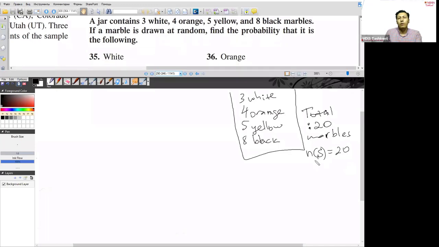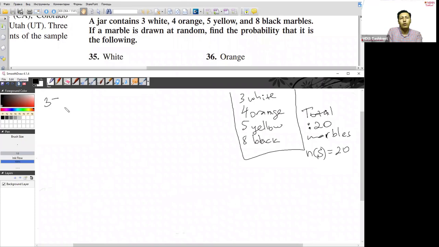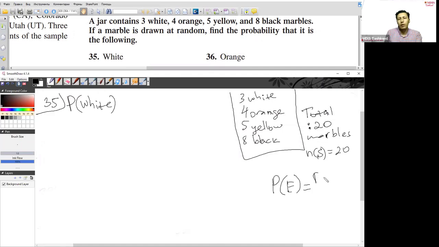So therefore we write nS equal to 20. Question 35. Probability of getting what? White marble. Again, we are using the first formula, nE over nS. So nS, here we have total 20 marbles, therefore I write 20 here.